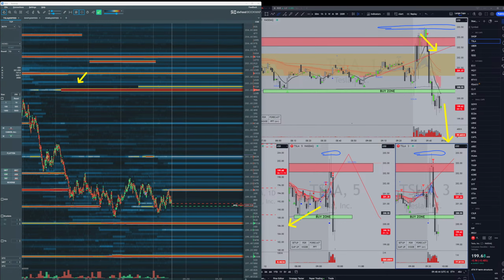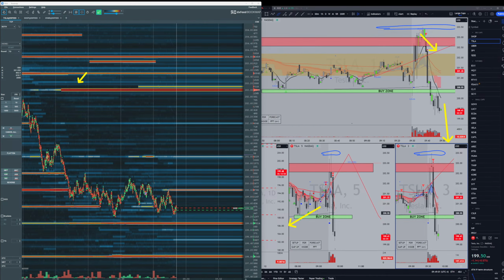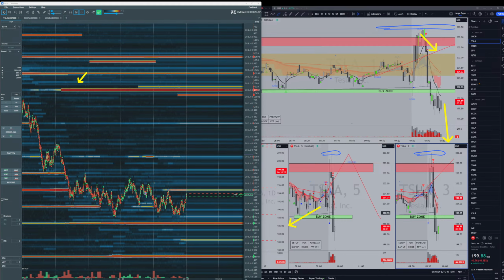Want to see more unwind over here? Okay, price over here is bouncing.